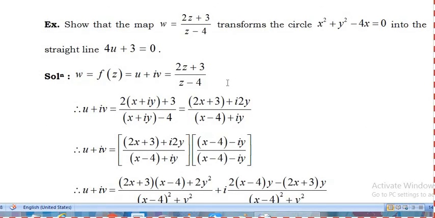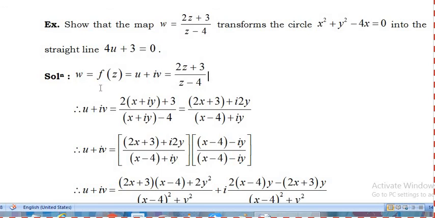Let us discuss another type of problems on transformation. Already we have discussed three problems on bilinear transformation. Show that the map W equal to (2Z + 3)/(Z - 4) transforms the circle x² + y² - 4x = 0 into the straight line 4u + 3 = 0.